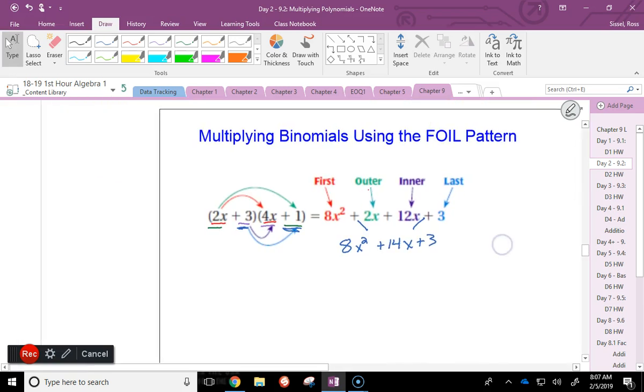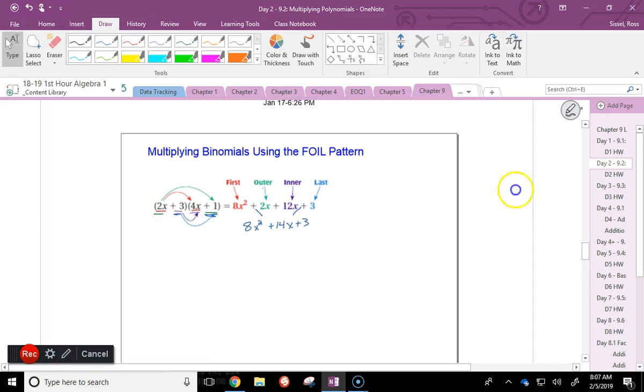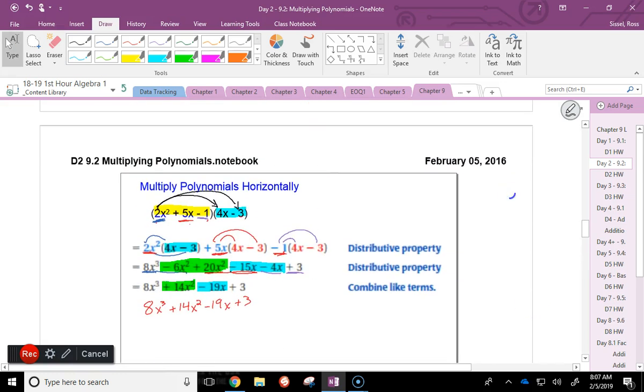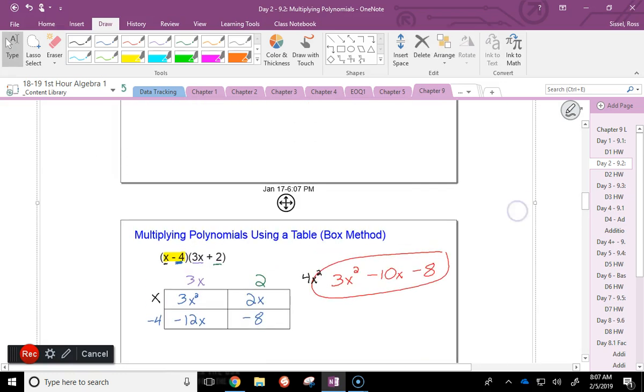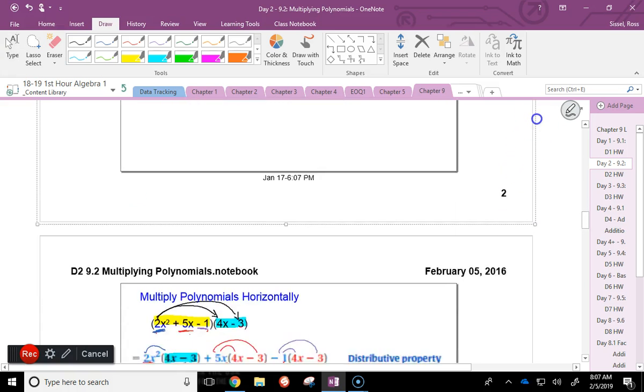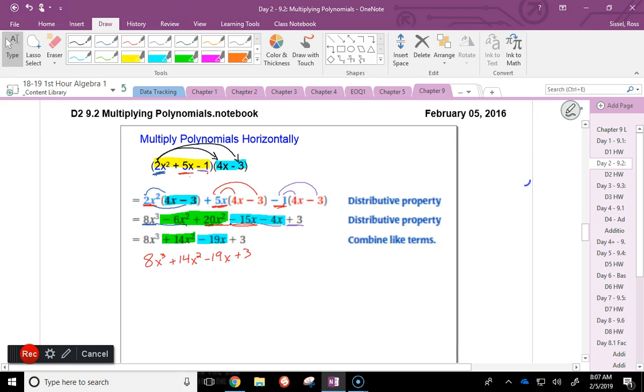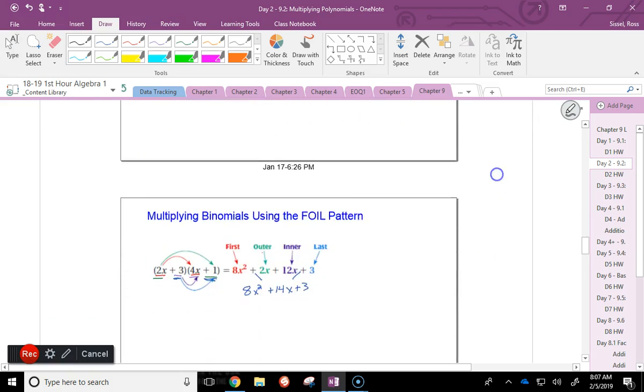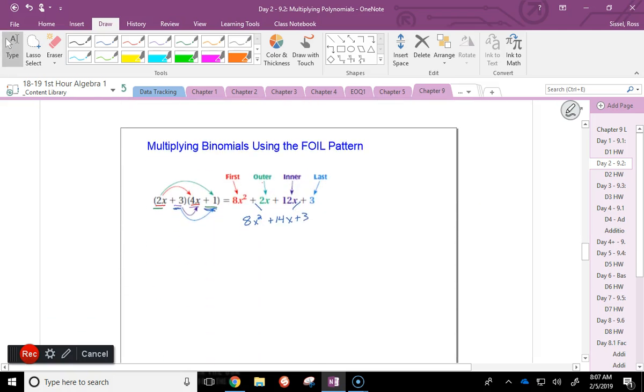So right now, to be honest, between FOIL and this method, it's really whatever you're most comfortable with. In real life, some people use the box method. Me personally, I use this. I have some friends that when we talk about multiplication, they use FOIL.